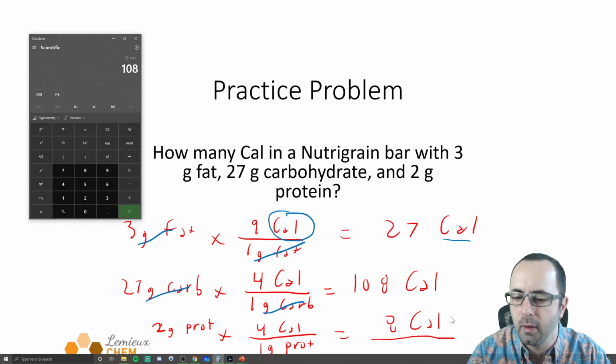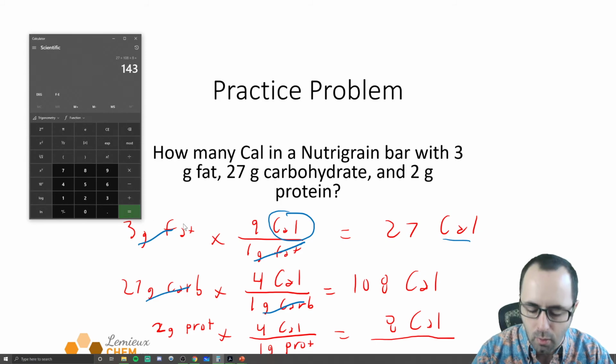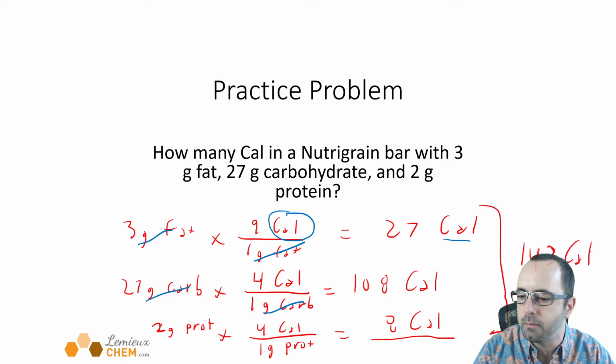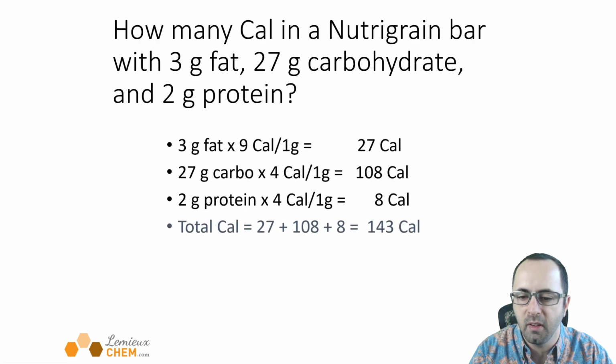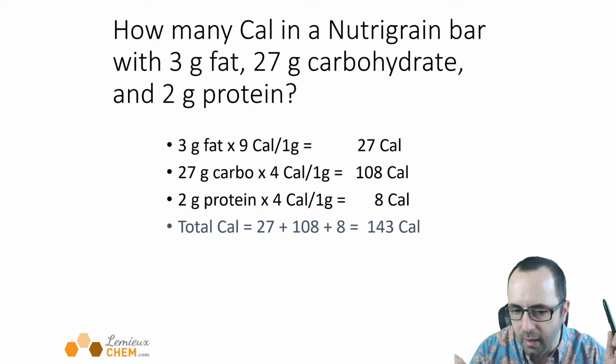It's 27 plus 108 plus 8 equals 143 calories. So altogether, these are 143 calories. So I just typed the same thing here and gave you a better look at how we're canceling our grams, we're getting calories.